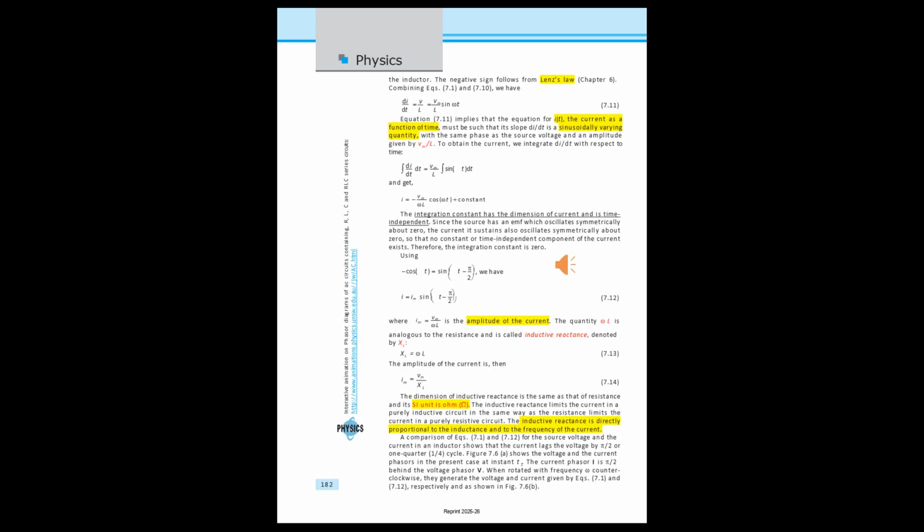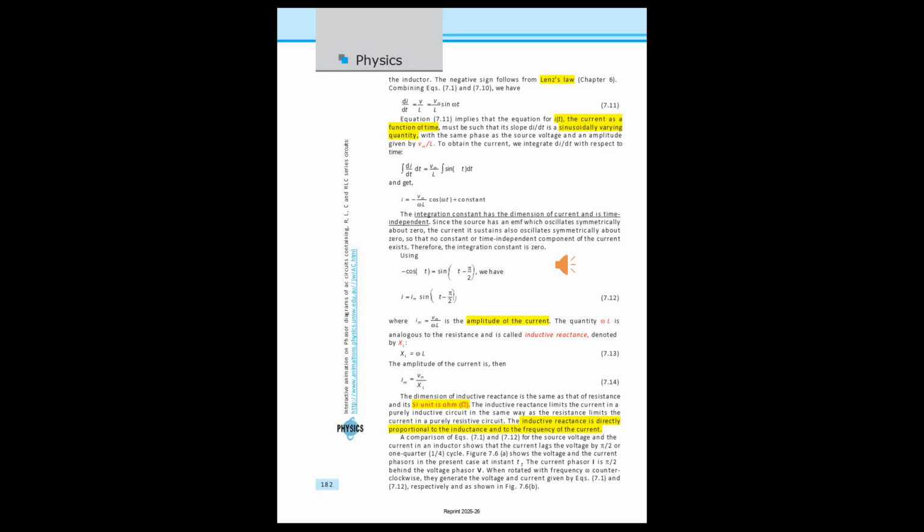A comparison of the equation 7.1 and 7.2 for the source voltage and the current in an inductor shows that the current lags the voltage by pi by 2 or 1/4 cycle. And the figure 7.6a shows the voltage and the current phasors in the present case at instant t1.